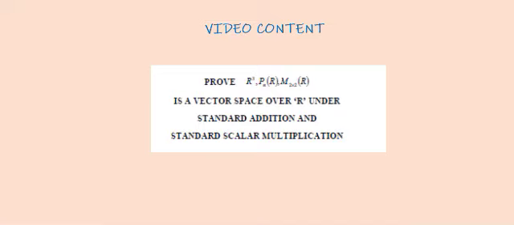If it is a square matrix, we can simply say it is of order 2. We are going to prove that these three sets are vector spaces over R under standard addition and standard scalar multiplication.